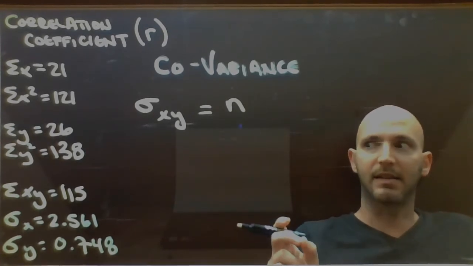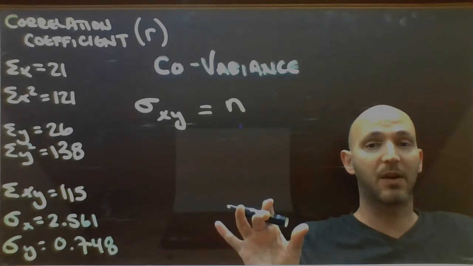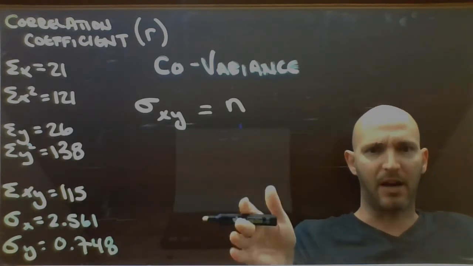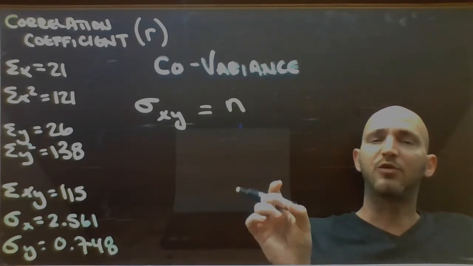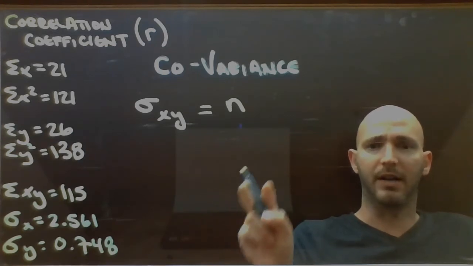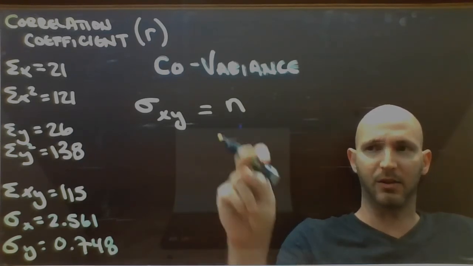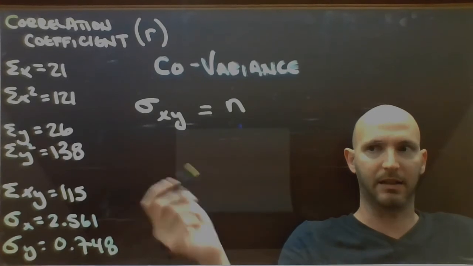So in this data set, while there were 10 numbers I was working with, 5 x's and 5 y's, each pair requires an x and a y, so there are only 5 pairs in my list. So this number is going to be 5 when I get there.